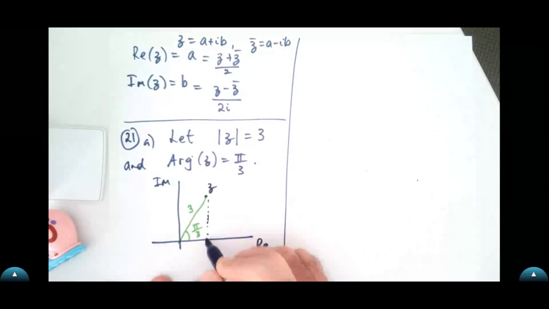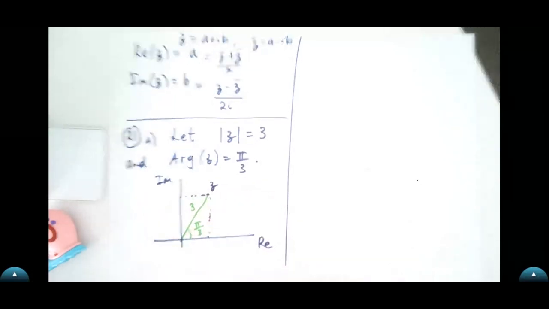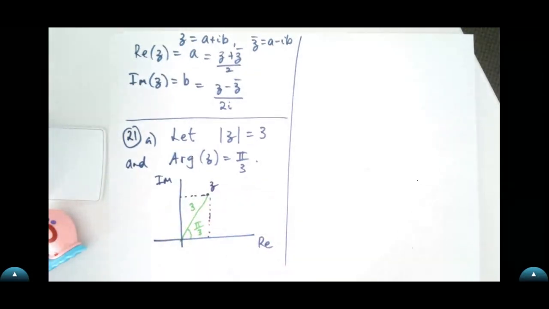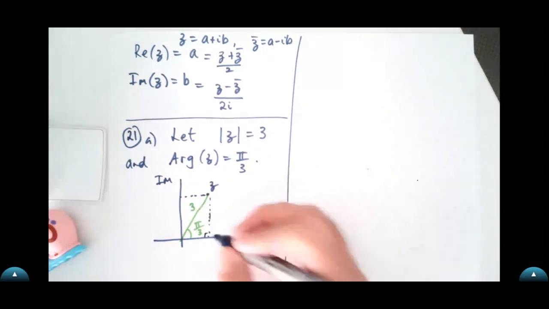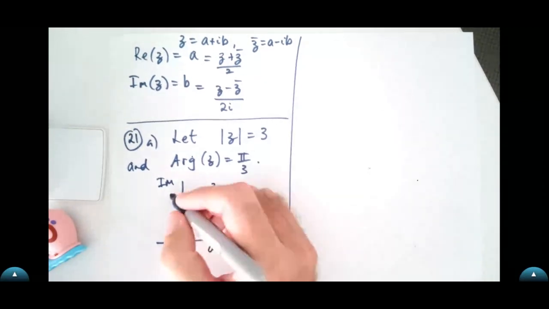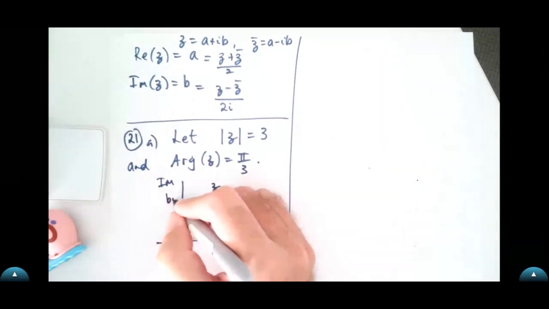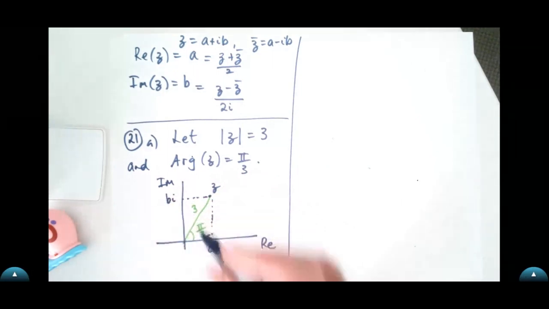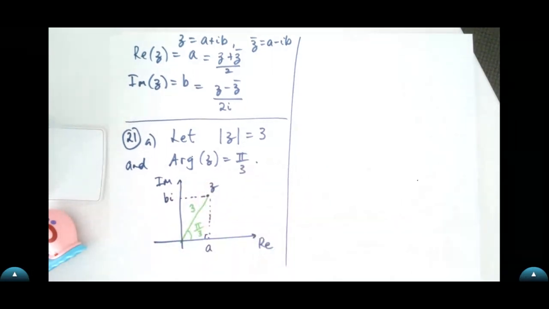What we're trying to do is work out the coordinates of Z in terms of the Cartesian parts. You can see I've got a right-angled triangle here. It's pretty easy to do. You want to work out this coordinate here and this part here. So you just want the B here. You can do this a number of ways.